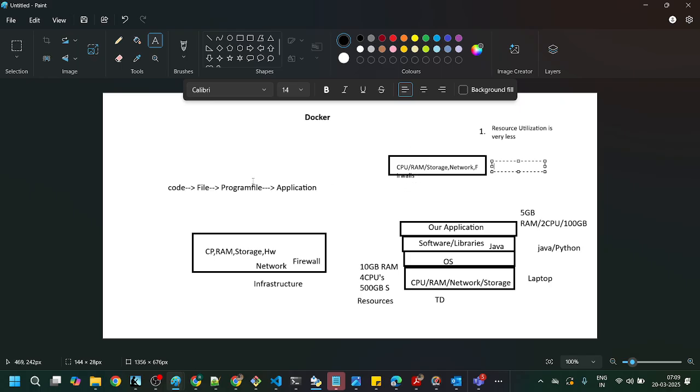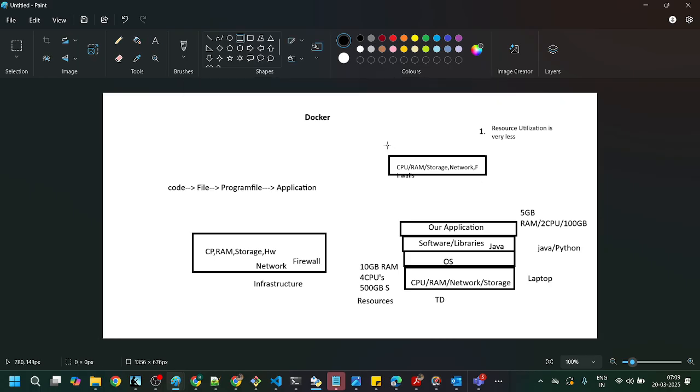If you have 10 instances, how much money are you wasting to deploy and run your applications? On this one, we deploy the OS and then Python, and on top of that we run the Python program, which means the Python application.